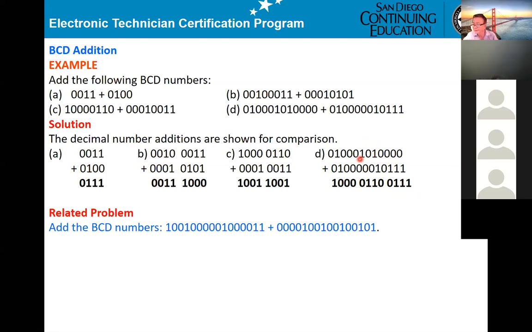That means 850. And you're adding to this number 7, 1, 1, 4, 4, 7, 1. When you're adding those two numbers, you're supposed to get 8, 6, 7.